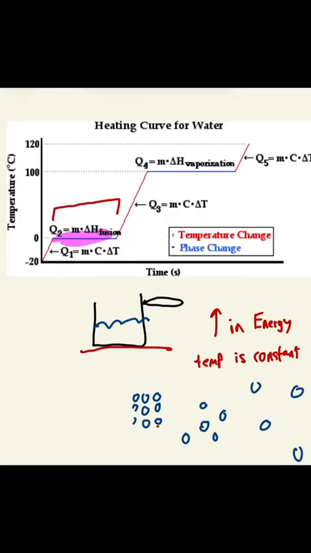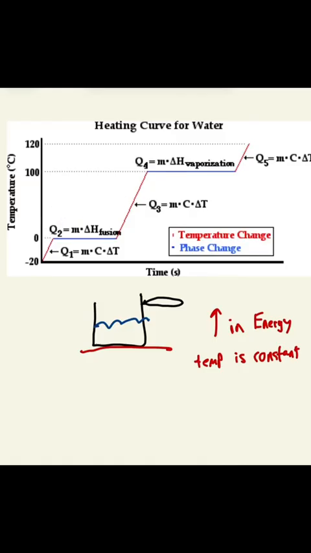The energy isn't increasing the kinetic energy. So the particles aren't moving any faster when we add energy; instead, the particles are being separated apart as the solid becomes a liquid.